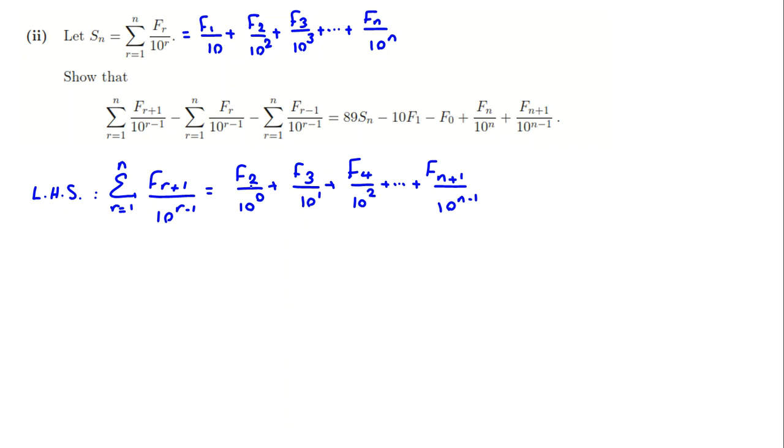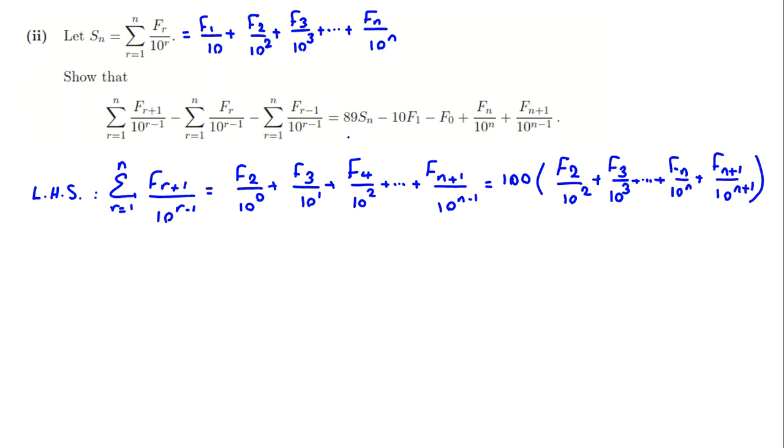Okay. Now here, if you compare it with Sn, I want to write it in terms of Sn. The first thing is that we have f2 over 10 squared in Sn, but here f2 is over 10 to the 0. So here I should factor out 100, then it will be f2 over 10 squared plus f3 over 10 cubed, up to fn over 10 to the n, and f(n+1) over 10 to the n plus 1.